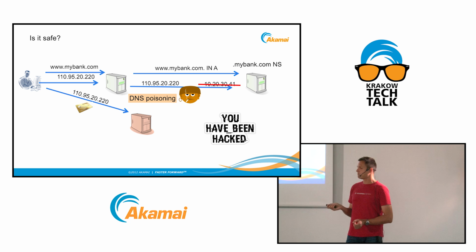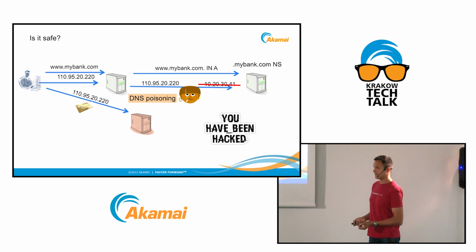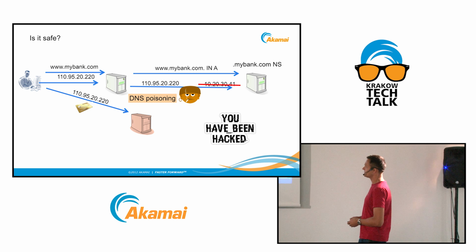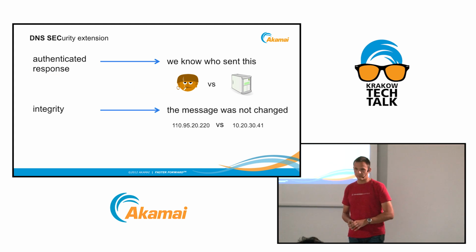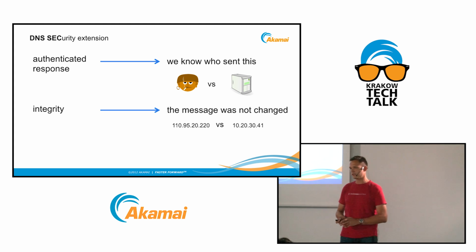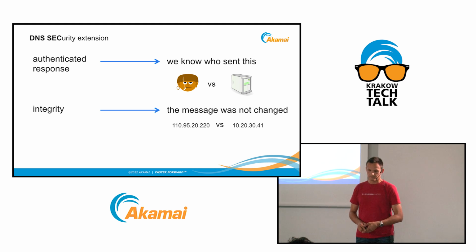Now, how to protect against this? Can we be sure? Can we make it more safe somehow? Well, the answer is yes. DNS, by default, doesn't support it, but you can configure something called DNS Security Extensions, which does two things.